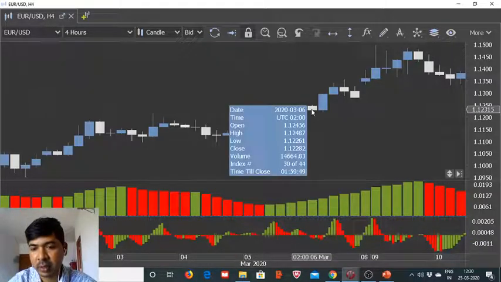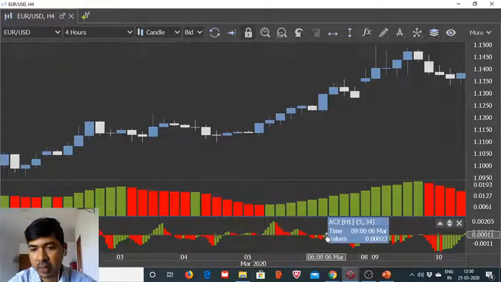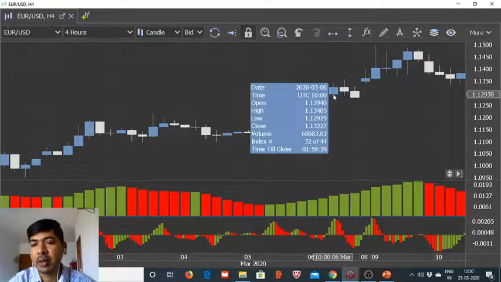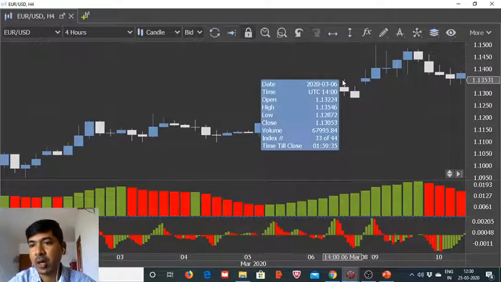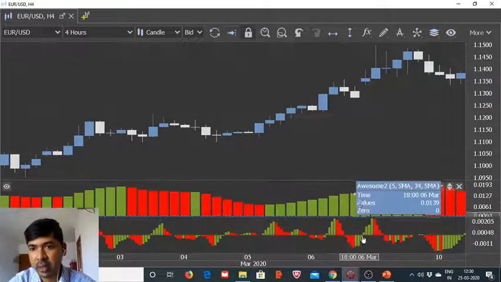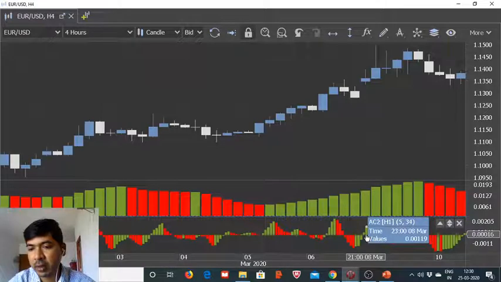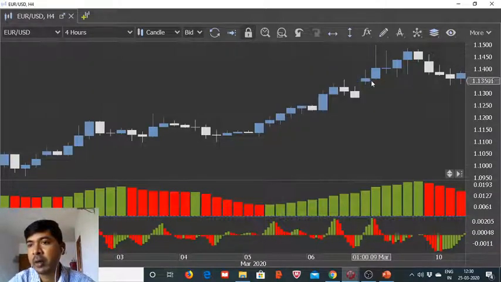So let me see. 9 GMT, what time is it? It is 9 GMT, so somewhere here the buy trade will happen, and then it goes up to a decent extent. Again next time the buy trade will happen somewhere around 22 or 23 GMT, and that is somewhere here, and again the uptrend will continue.